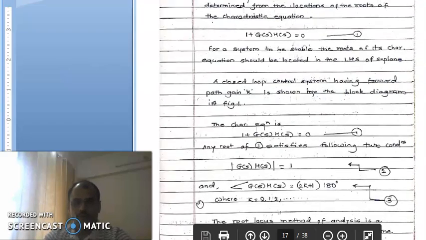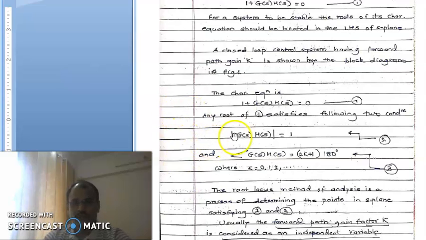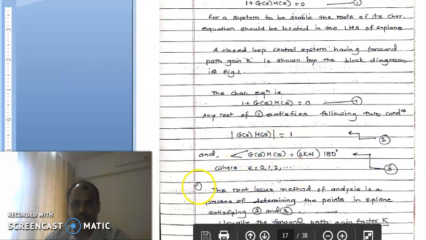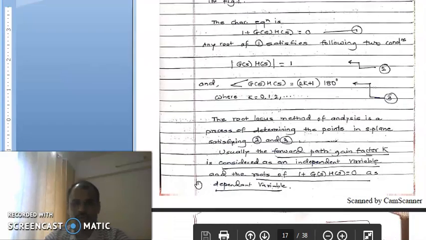For root locus, from the characteristic equation we require two things. One is the magnitude, mod of G of s H of s equals 1, and the other is the angle, which we will understand with the help of some examples.